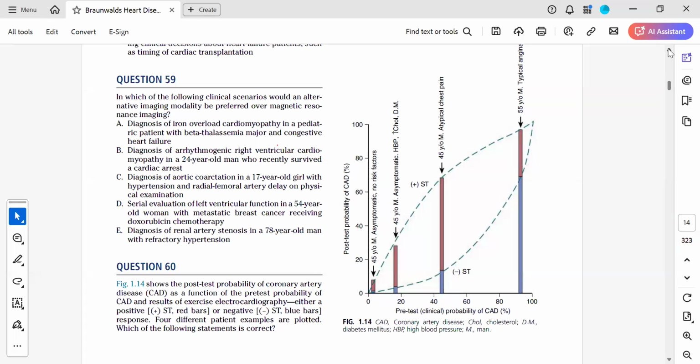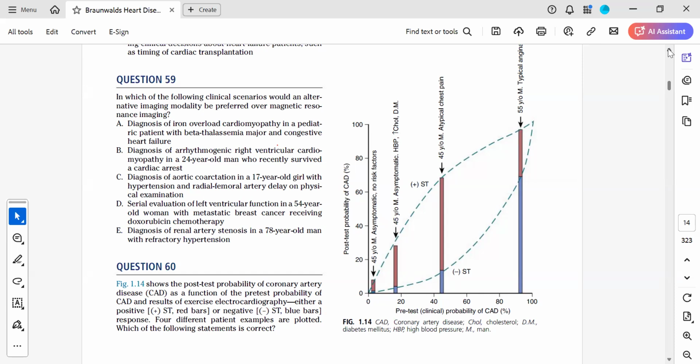B. Diagnosis of arrhythmogenic right ventricular cardiomyopathy in a 24-year-old man who recently survived a cardiac arrest. This option is wrong because MRI has a place in making the diagnosis of arrhythmogenic right ventricular cardiomyopathy.